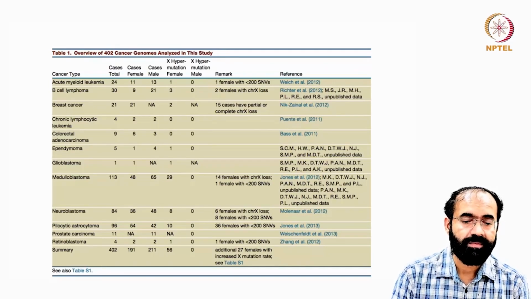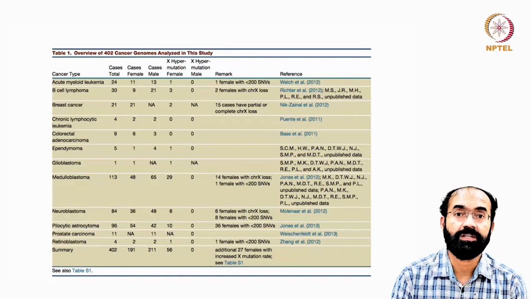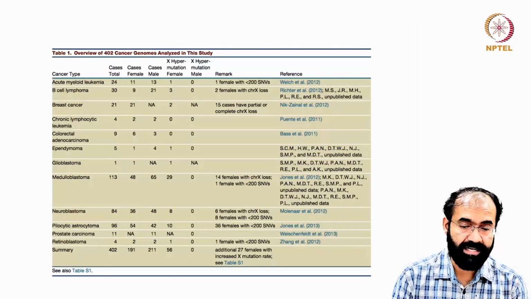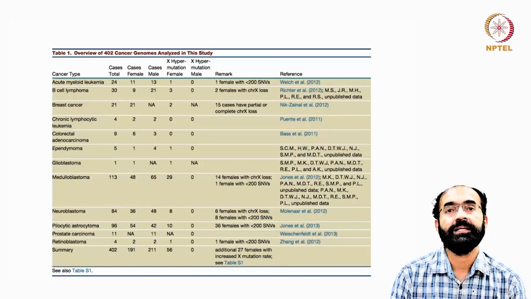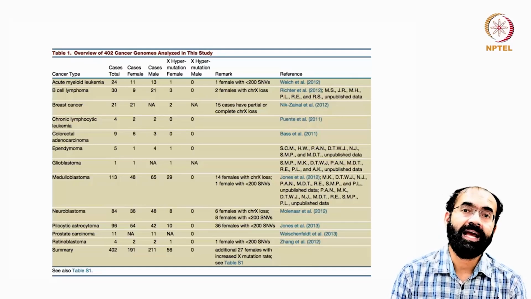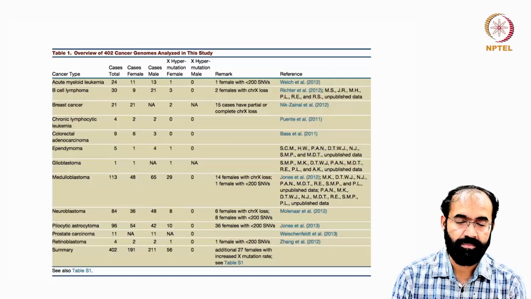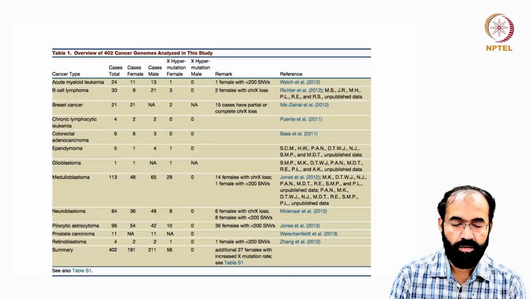You can see the number of females studied and the number of mutations analyzed, and several other related publications are also cited here. So what we understand is that in human female, the mutation rate is much higher in the inactive X chromosome of a cancerous cell or cancerous phenotype. So that is what this study has proven.